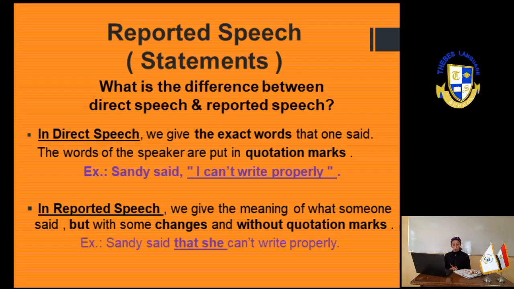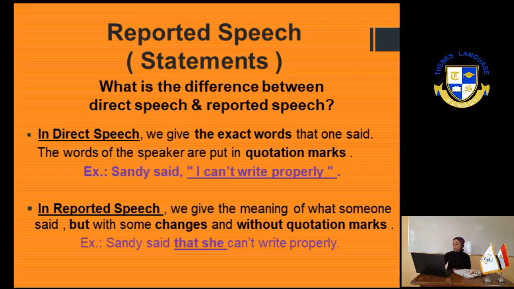In the first one, for the direct speech, we said, Sandy said, "I can't write properly." So here, between the quotation marks, I put the same words that she used exactly. For the reported speech, no, I didn't use the quotation marks, so I tell about the words that she said. So, Sandy said that she can't write properly.